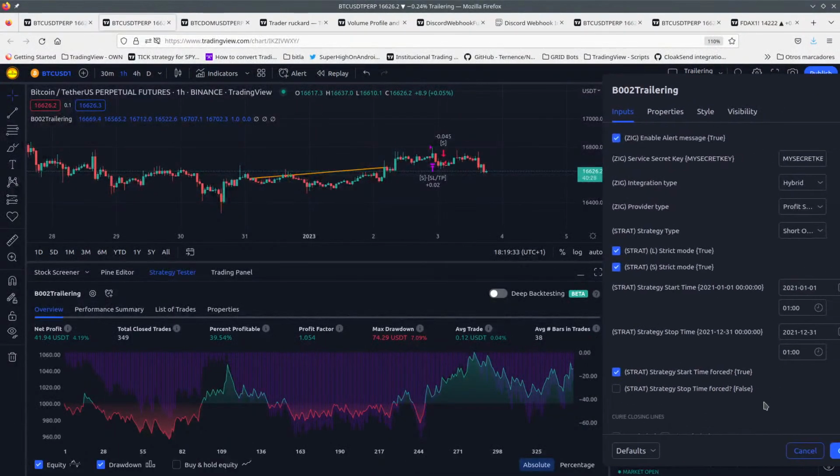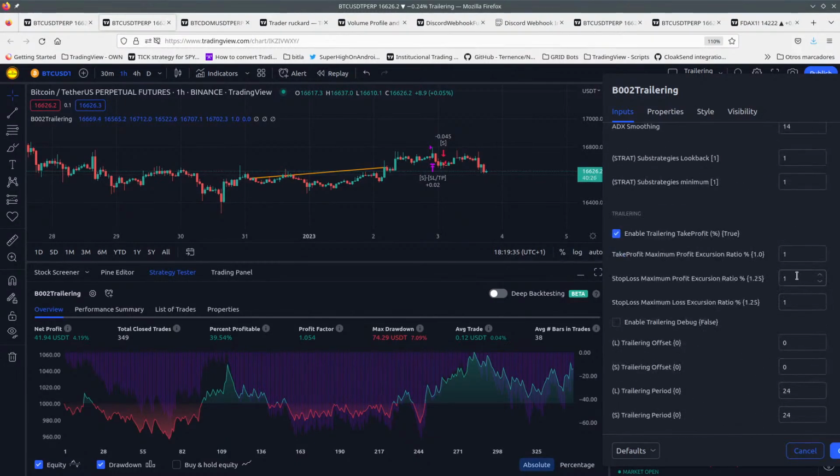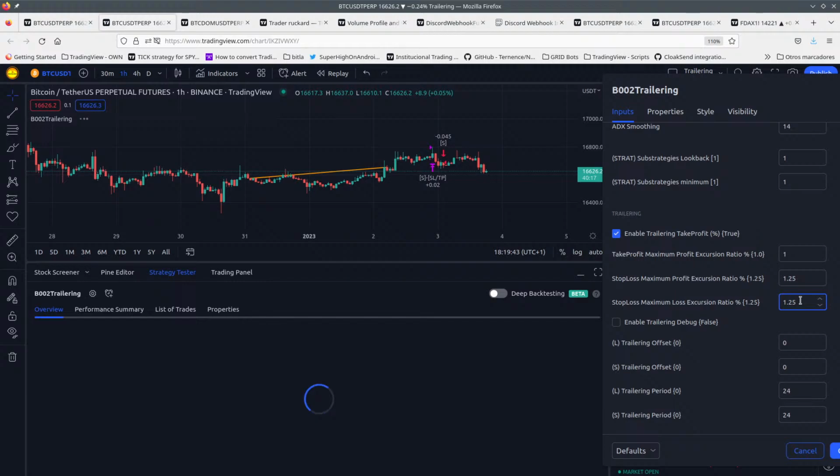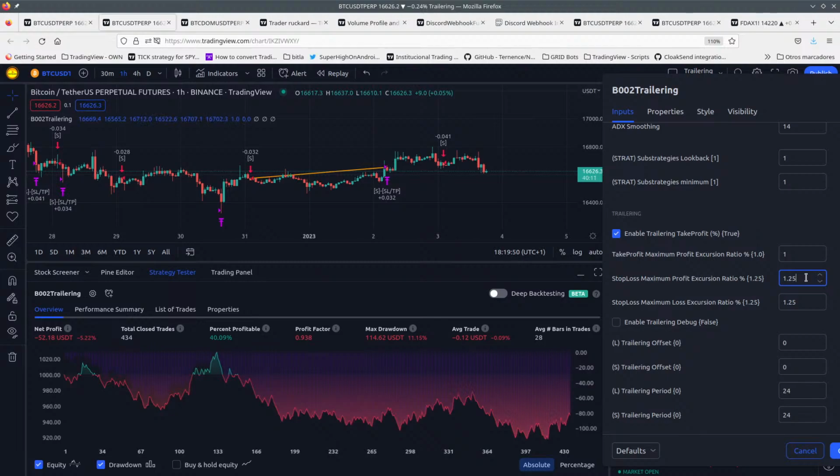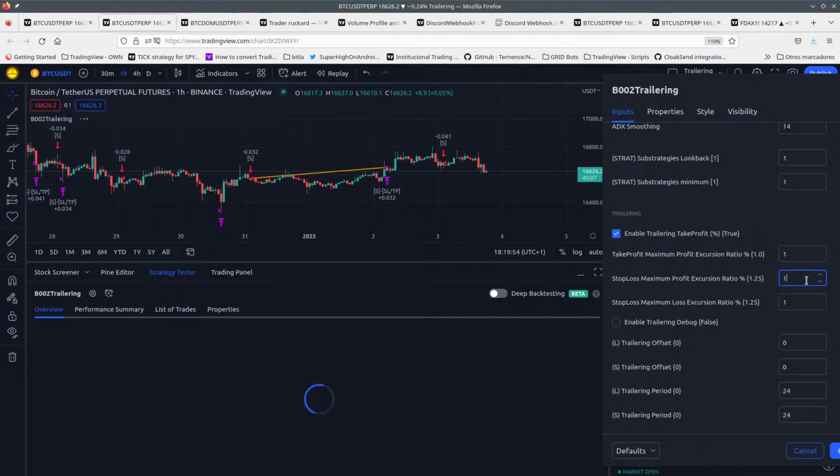Is this better than what we had before, which was 120, 125 and 125 here? Oh, it seems so. This is a bit better for the short way.